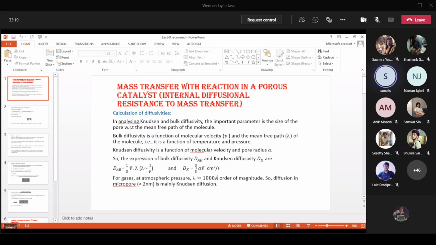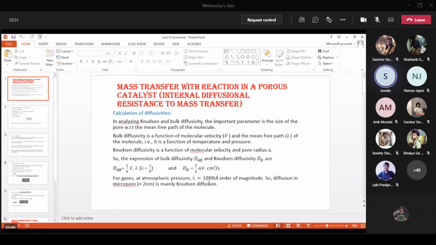For gases at atmospheric pressure, lambda, the mean free path, is roughly equal to 1000 angstrom. This is the general order of magnitude we have seen at atmospheric pressure. So diffusion in micropores, less than 2 nanometer in size, is mainly Knudsen diffusion, because the pore radius is smaller than the mean free path.